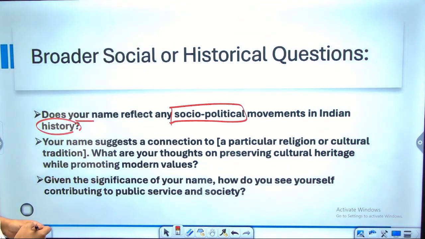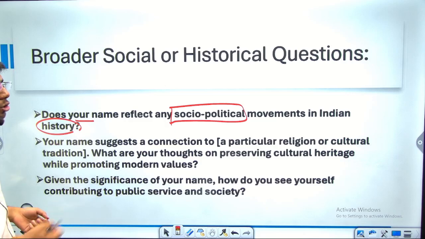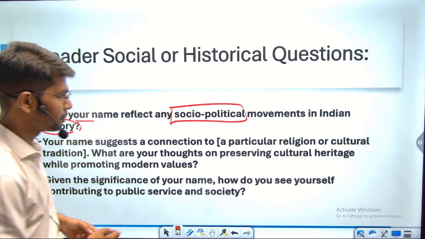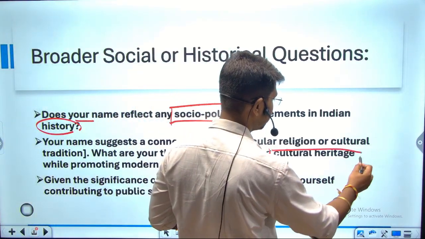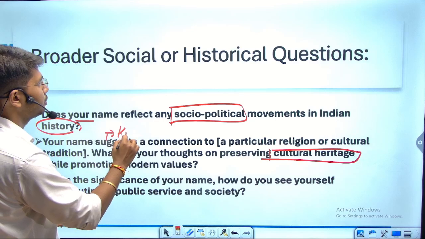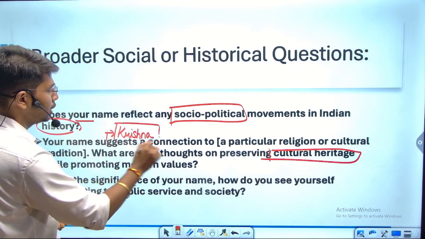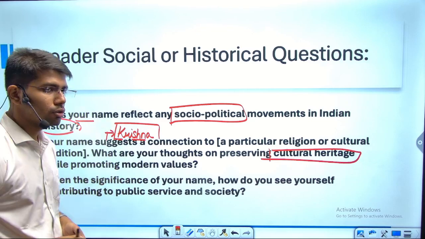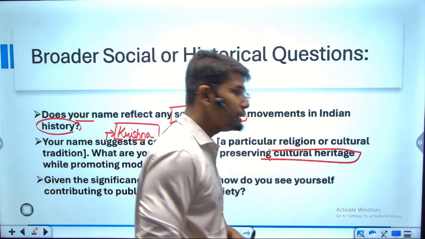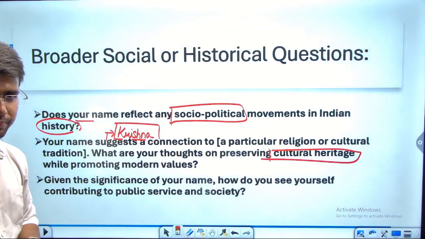Your name suggests a connection to a particular religion or cultural tradition. What are your thoughts on preserving cultural heritage? So they are asking how cultural heritage should be preserved. A very common name in such a case can be Krishna. Such a name exists for boys and for girls. So if your name is Krishna, then you should know that it is connected with a certain religion or culture.